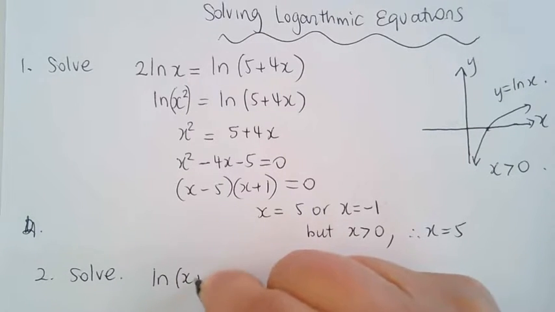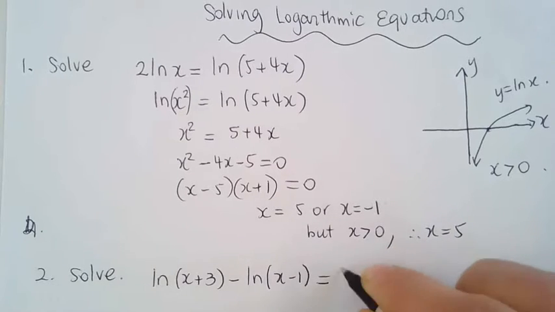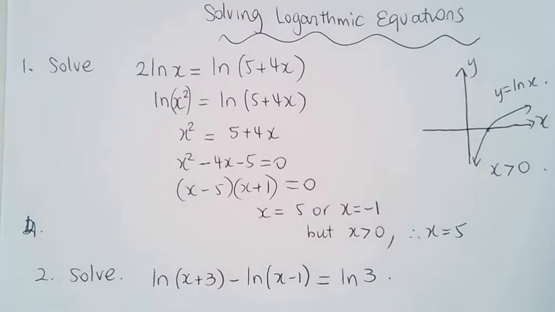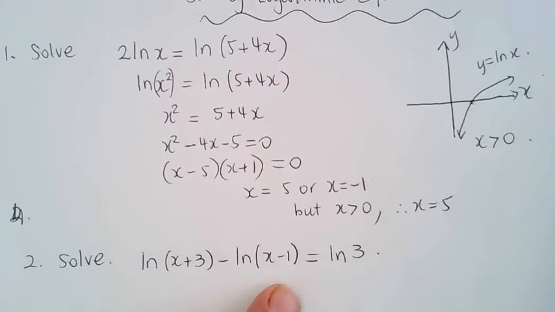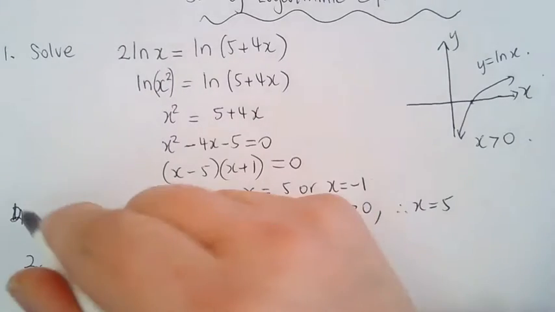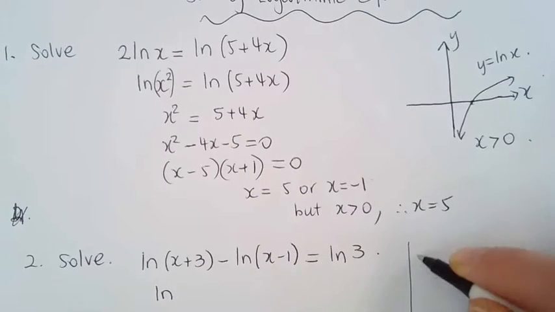Solve ln of x plus 3 minus ln of x minus 1 equals ln 3. Look, I'll spend more time on these, okay? How am I going to combine those two? You've got to think of the log laws. Do you know which log law that is? These are the rules.